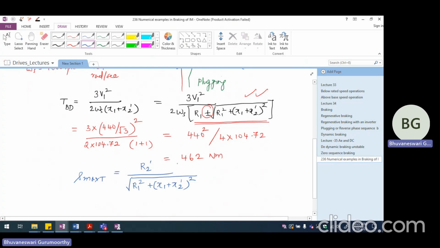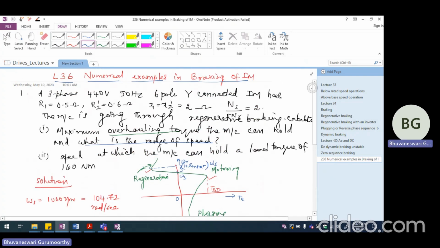So this comes out to be 0.6 divided by 0.5 square, because R1 is 0.5. So that is going to be 0.25 plus X1 plus X2 dash, which happens to be 2, right? Because X1 and X2 both are given to be, each of them is 2 ohms.